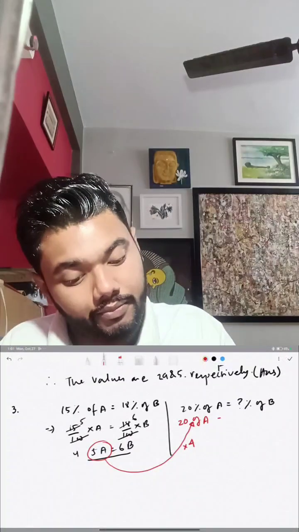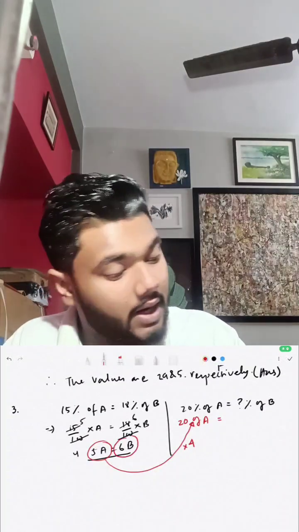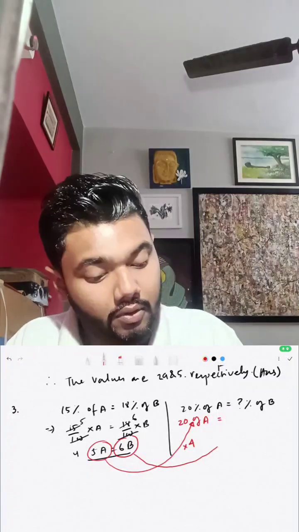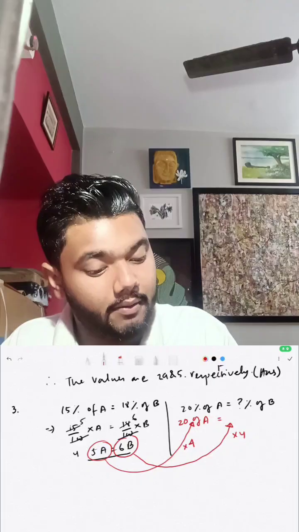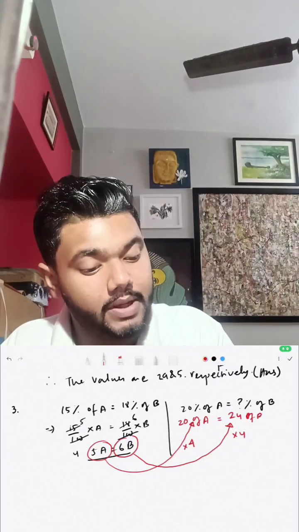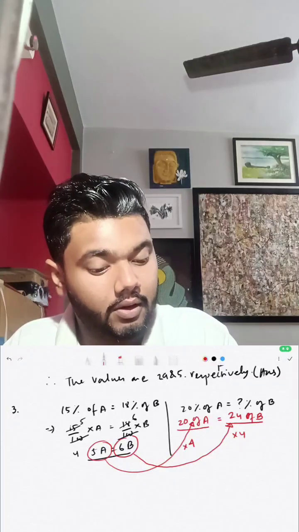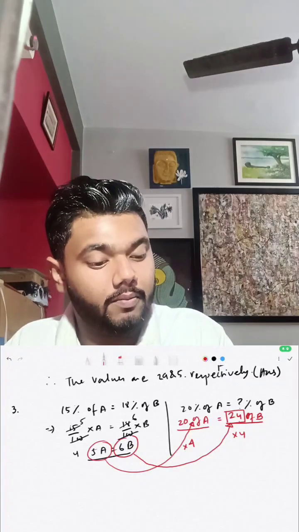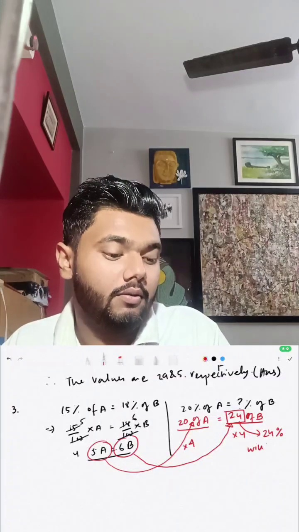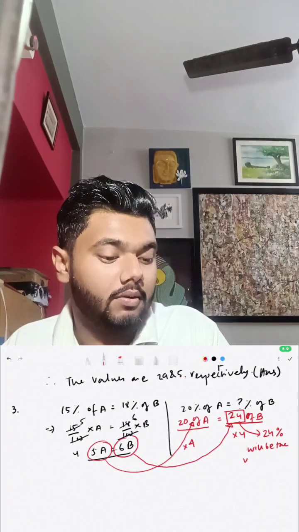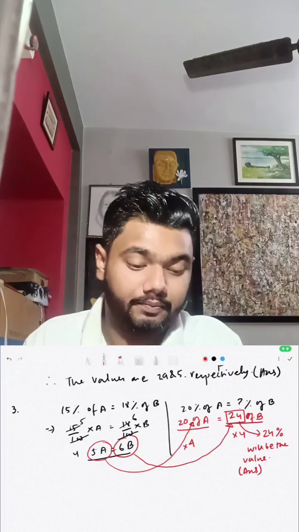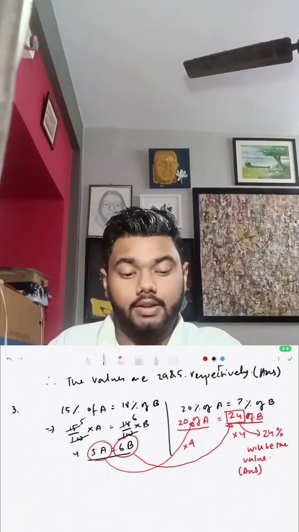And if we multiply this by 4, we will get 24 of B, right? So this is the value. 24% will be the value. This is the answer.